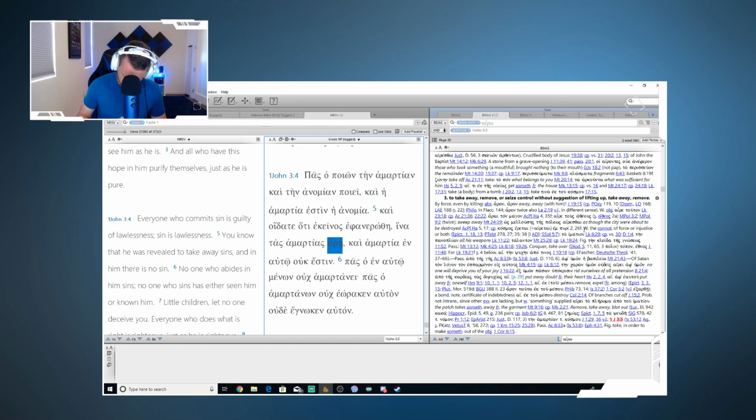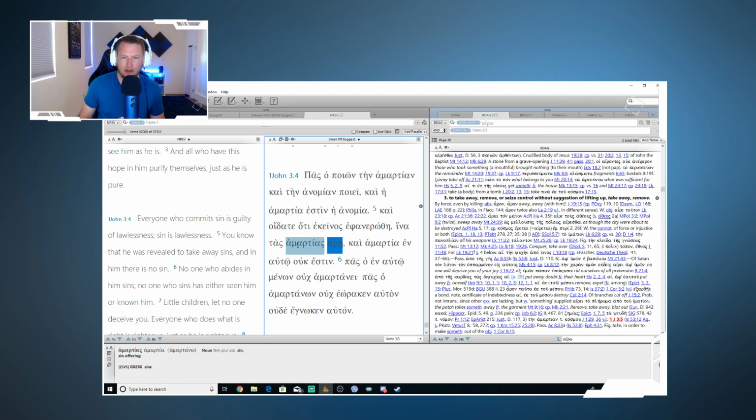in order that he might take, I'm just going to say remove sin. Tas hamartias. It's plural, so I am going to translate it sins, in order that he might remove sins.